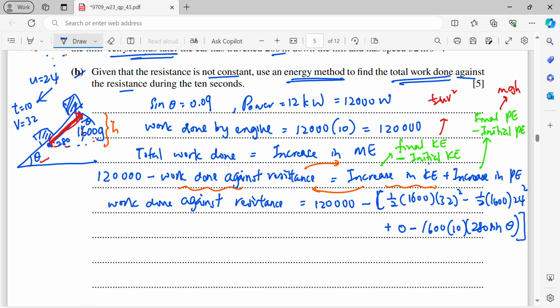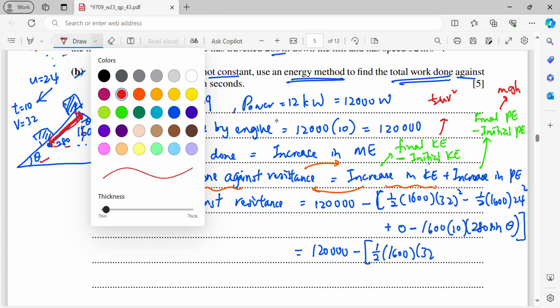Then from here I will be getting 120,000 minus... So here you can just rewrite, or otherwise you can just calculate how much that is. I will just rewrite first, I didn't calculate. Basically from here you will have the common terms.